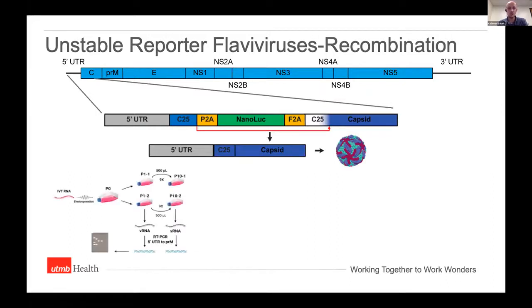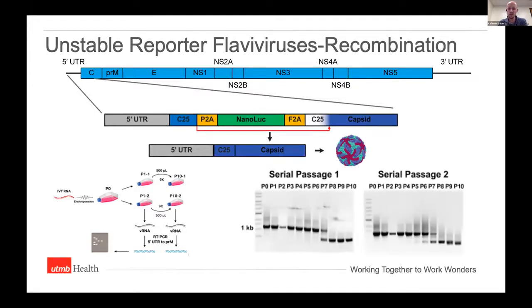So in serial passage experiments, as the scheme here shows, where you serially passage the virus on new cells, and then harvest RNA, RT-PCR from the 5' UTR to the bottom of the capsid, we get results that look something similar to this, where these passages are done in parallel in 2 series. The passages start out at the correct size, as you would think would be there if the reporter gene was there. And then eventually you get a decrease in that size, indicating that there's been a loss of some genetic material. And if you sequence it in this case, you get wild type virus out.